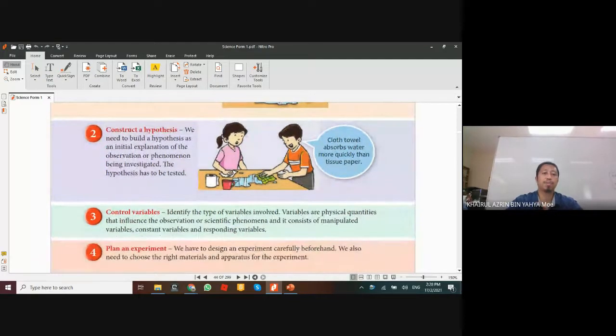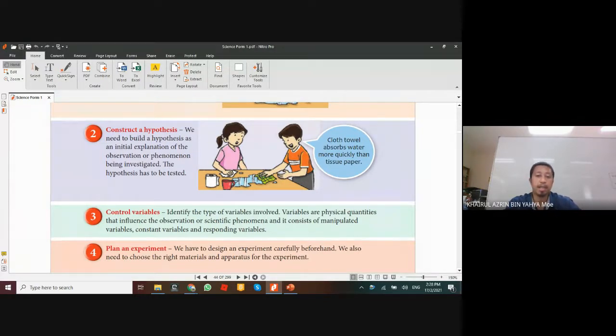And then number 2, construct a hypothesis. We do a hypothesis first. So we need to build a hypothesis as an initial explanation of the observation or phenomenon being investigated. The hypothesis has to be tested. Here, maybe his brother says, cloth towel absorbs water more quickly than tissue paper.